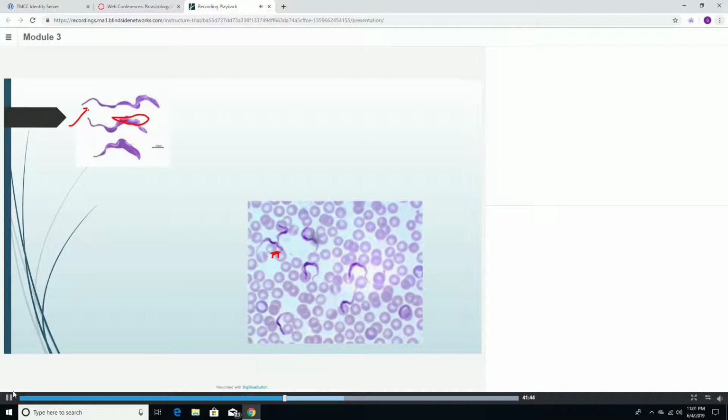You also should remember again that this is going to be transmitted by the tsetse fly. So trypomastigotes are ingested by the tsetse fly upon taking a blood meal. They're going to multiply in the fly's gut, and then that organism is going to be moved to the salivary gland.